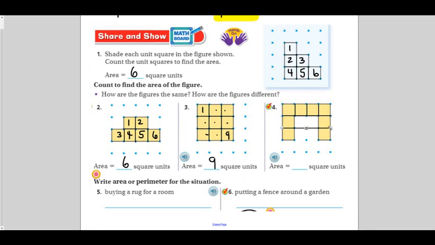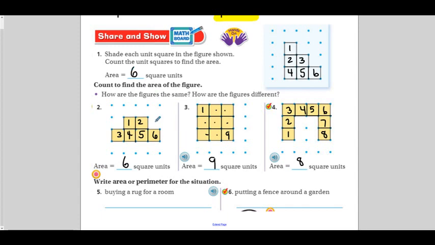Okay, so I need to just count the shaded areas. So we'll go 1, 2, 3, 4, 5, 6, 7, and 8. Alright, so we end up with 8 square units for that one.